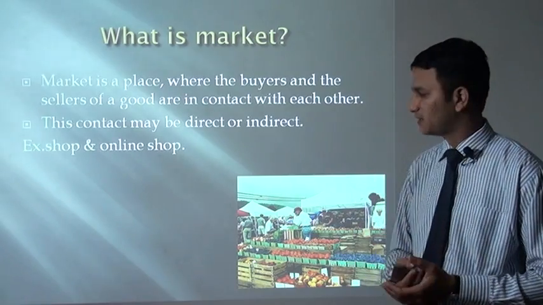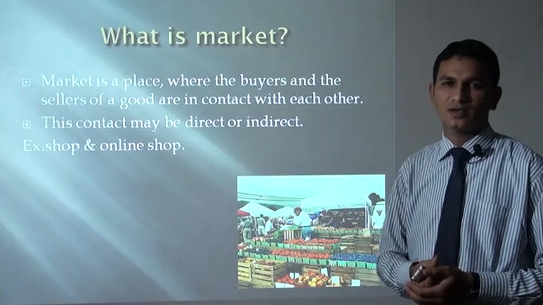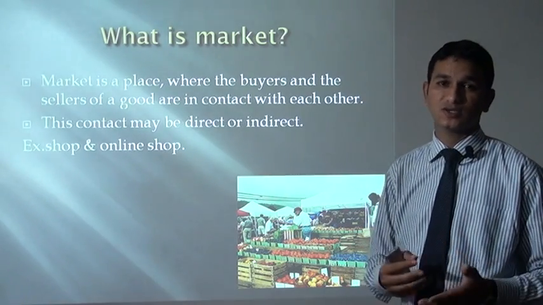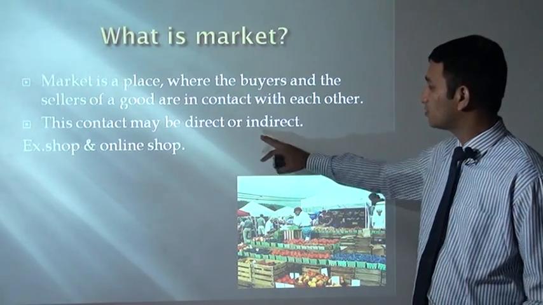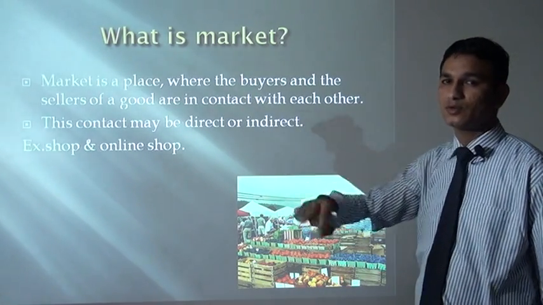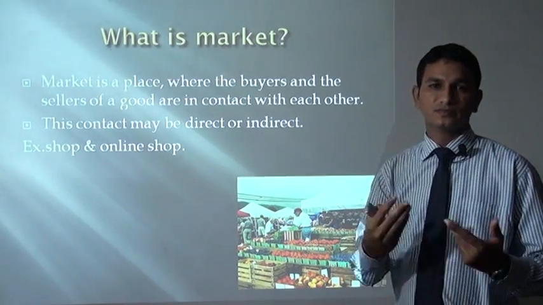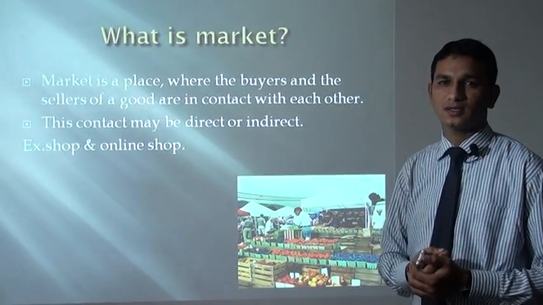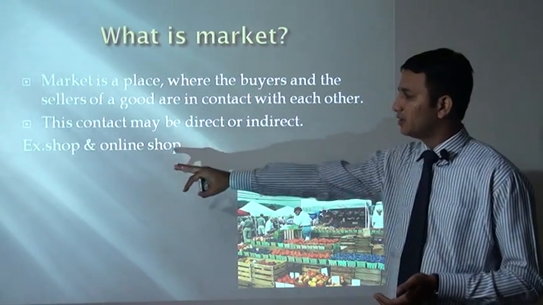There are many such sites, and they purchase any product from them by viewing that particular product. So we can say that the customer and the seller do not meet directly, but meet indirectly, and hence they purchase or sell the product. So that is indirect selling.